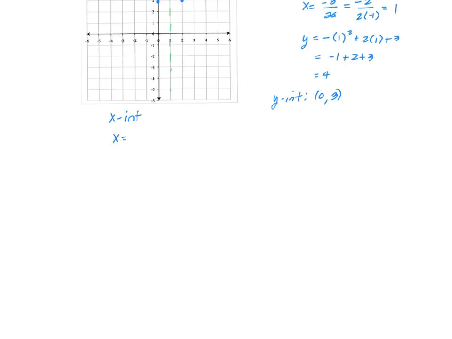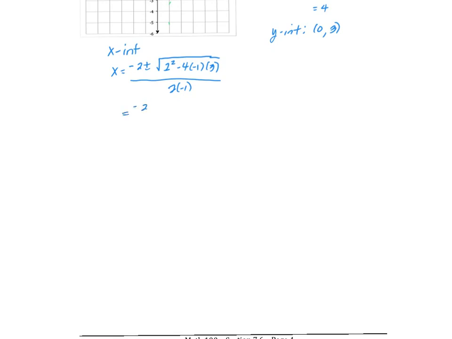So x is equal to negative b, which is negative 2 plus or minus the square root of b squared. So 2 squared minus 4 times a, which was negative 1, and c, which was positive 3, all of this over 2 times negative 1.